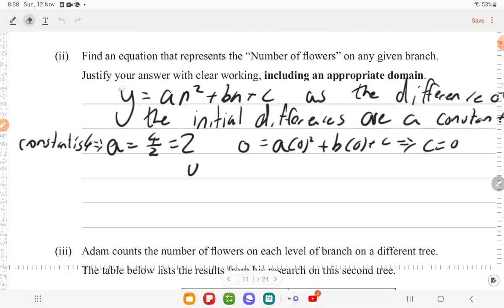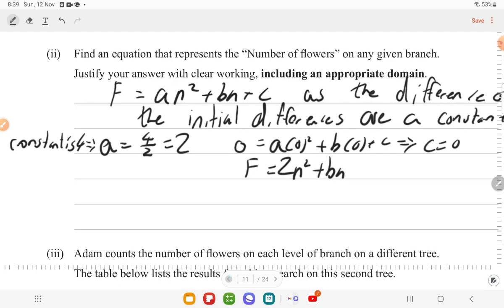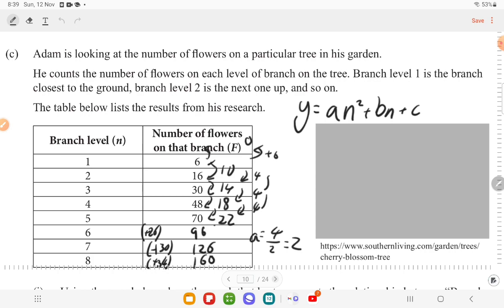This is not y, this is f. So f of n is equal to 2n squared plus bn, as c is 0. Then we just plug in a constant.